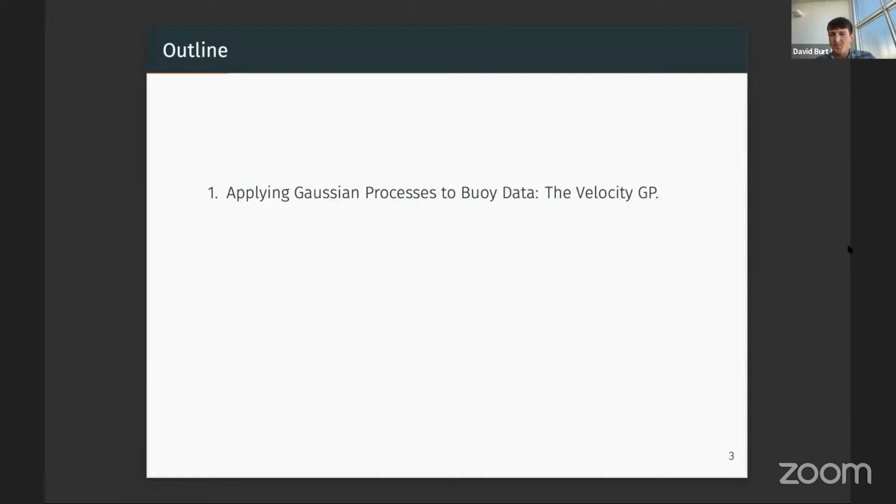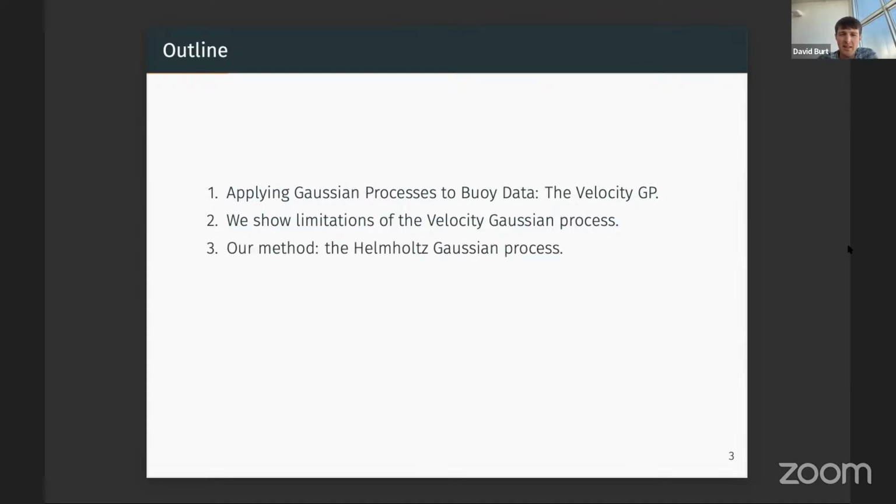To outline the rest of the talk, first I'll talk about a straightforward application of Gaussian processes to buoy data, which I'll refer to as velocity GP throughout the talk. Next, I'll talk about some of the limitations we showed of velocity Gaussian process, both theoretical and more empirical. Next, I'll introduce our method, the Helmholtz Gaussian process.